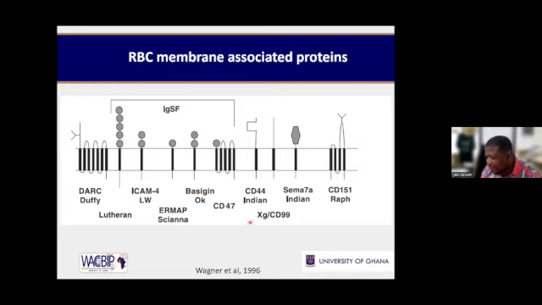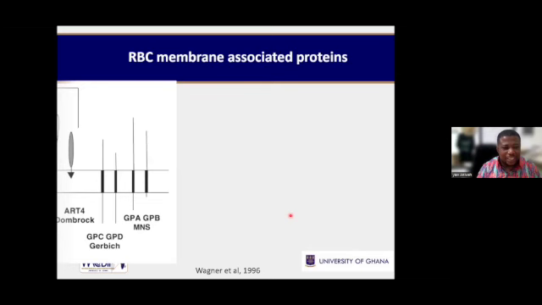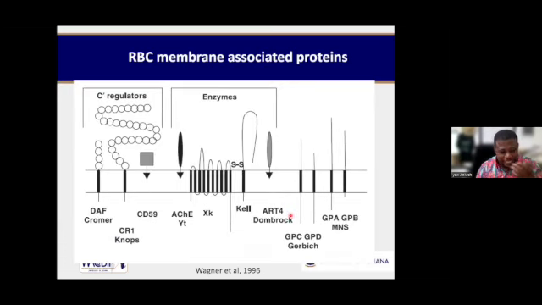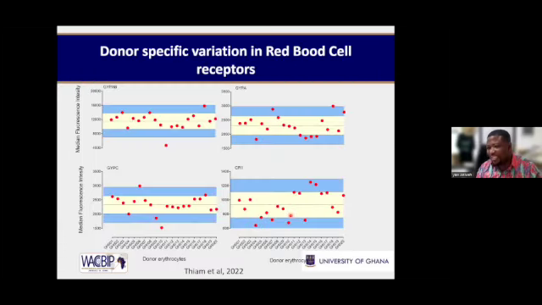And then the Duffy, we know these two as key receptors used by the parasite to enter. So what we have been doing in the group recently is, since we are in a malaria endemic area, we could go to the population, look at the people, what kind of receptors they have and what is the diversity of expression. We don't have a uniform expression of receptors.